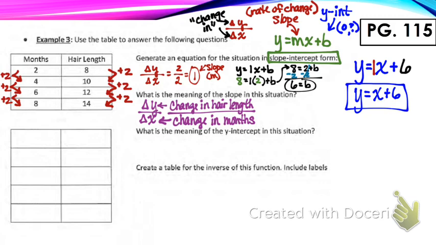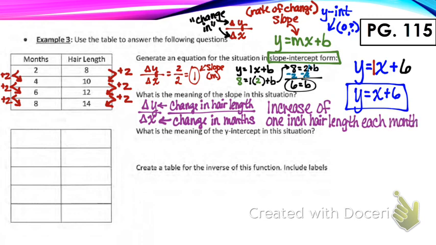Positive. So my slope means an increase, because it's positive, of 1 inch hair length each month. It's always going to be an increase or a decrease in whatever your y is telling you about for each whatever your x is telling you about.